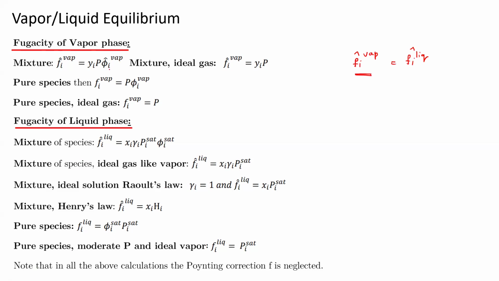We have expressions for this phi i cap vapor. You remember, right? ln gamma is given by the Margules equation, Wilson's equation, the NRTL equation. All these equations are there for ln phi and ln gamma. These are models.